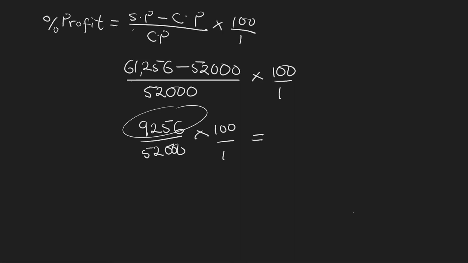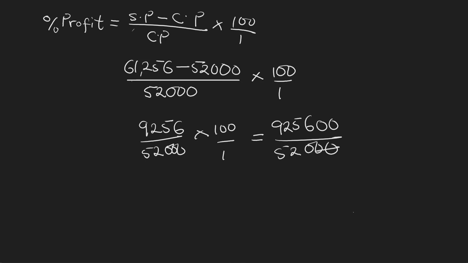This will be 9,256 times 100, because all the numerator is going to be 925,600 divided by 52,000. These two zeros cancel these two zeros, and I'm left with 9256 over 520. So let's divide this.